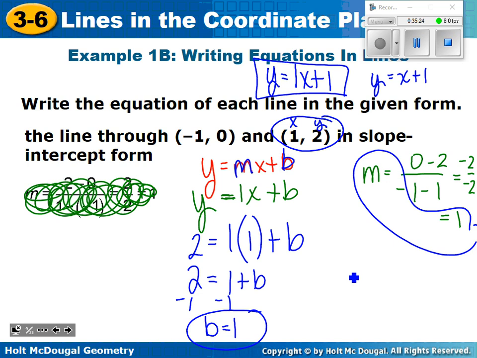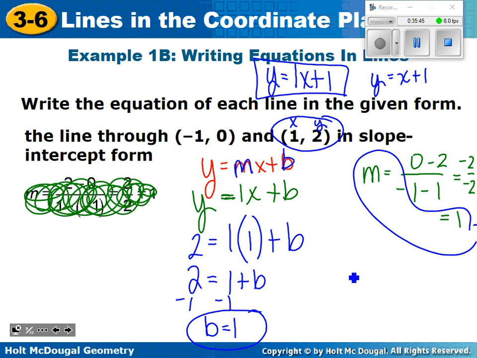And then what is y minus 0? Just y equals, and then 1 times x plus 1 is just, if you distribute it, it's just x plus 1. But you would have to go ahead and get y by itself so that you have it in mx plus b form.